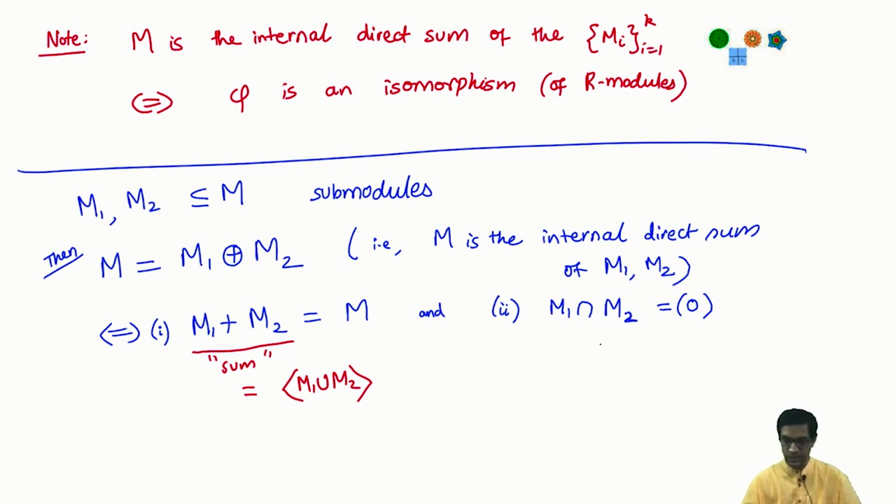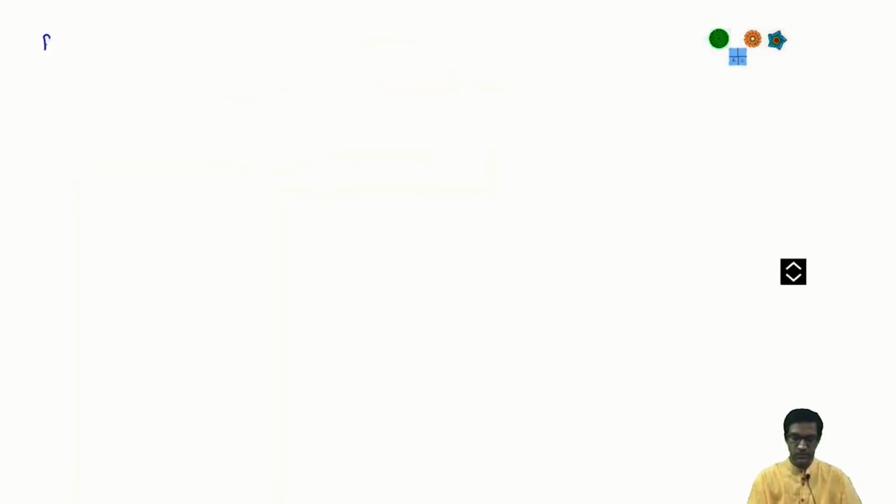And conversely. Let's prove one direction, the other is similar. Let me prove the reverse direction. If I know that M1 plus M2 is M and M1 intersection M2 is 0, why does it imply that capital M is the internal direct sum of M1 and M2? So let's prove the converse.